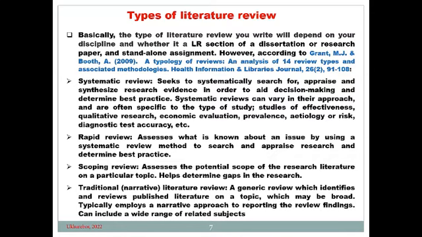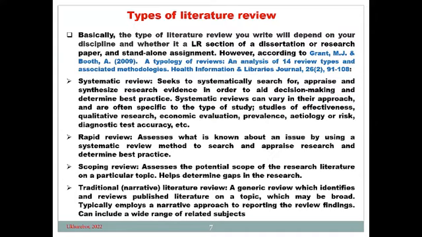We have done a lot of systematic reviews recently. Take note, systematic reviews might vary in their approach and are often specific to the type of study. For example, you want to do a study on effectiveness, quantitative research, economic evaluation, just to mention a few.